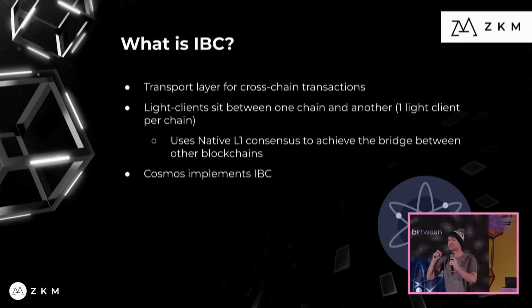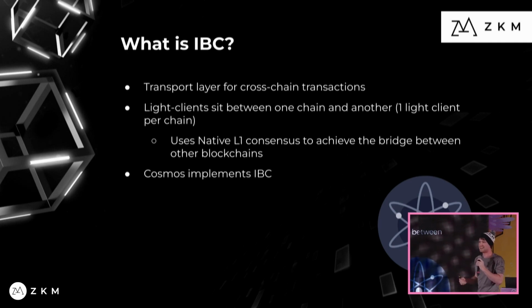And then I'm able to basically say that when I deposit something on Ethereum, I want to withdraw something on Avalanche. As a result, the light client would verify the transactions that take place on each layer 1 and be able to send a corresponding amount of tokens or unlock a corresponding amount of tokens on the other chain. And then Cosmos implements IBC.